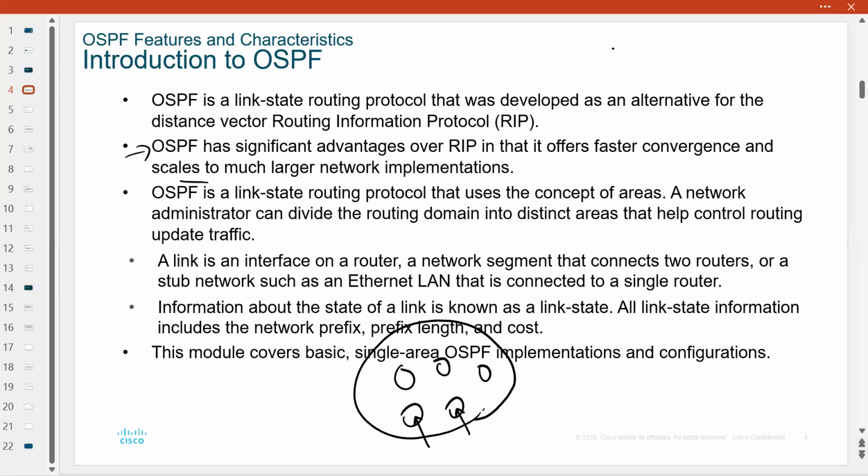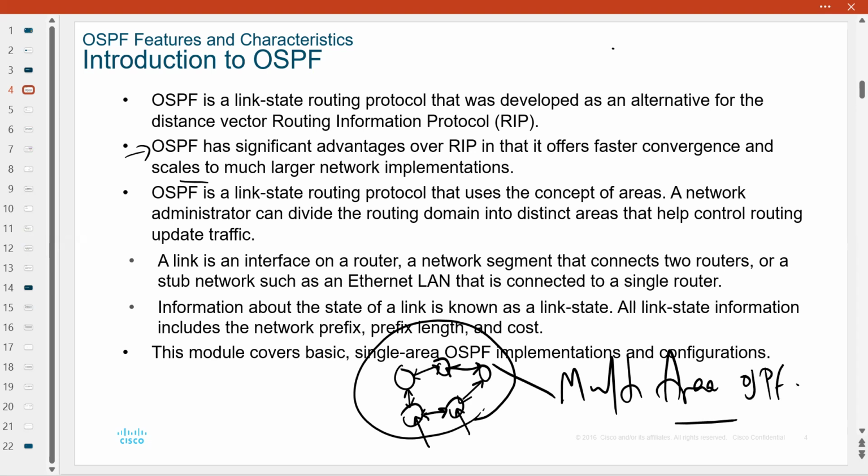So routing information is only propagated in a single area. Then the areas start sharing their routing information using one router, the border router. Instead of having one large network, we break the network down into smaller areas, and these constitute what we call multi-area OSPF.